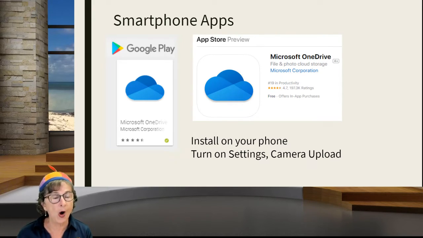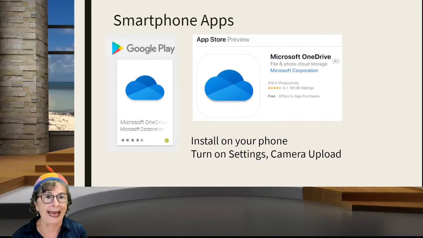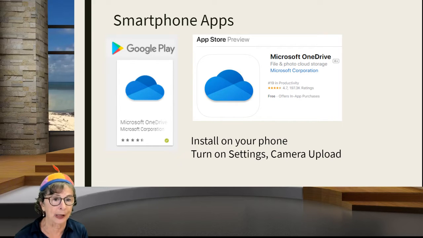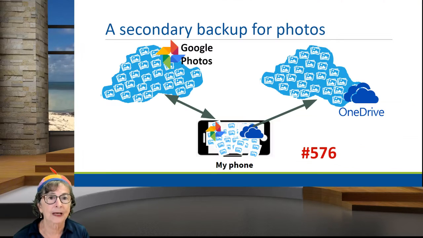Now on your phone, you need an app. And there is both an Android app and an iOS app. They are free. And what we're talking about here is the camera upload setting. And we will show you that. And why? Because I want to be able to free up space. I want to be able to delete the photos off my phone.